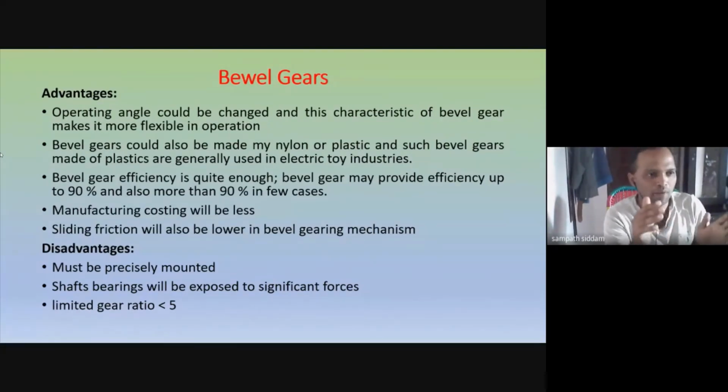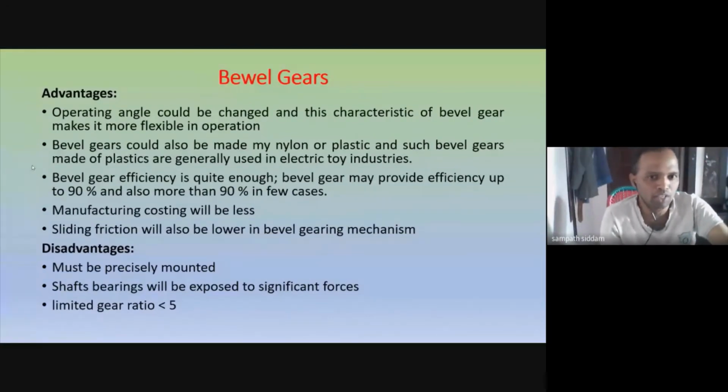Suppose you have more power transmission on the right wheel and less on the left wheel, then you have imbalance and your vehicle will skid and fall. When you take a turn, your outer wheels rotate faster and your inner wheels rotate slower. If your inner wheels rotate faster than your outer wheels, then you have skidding. To avoid that, this adjustment of your power is basically done with the help of your differential. So in that differential we use bevel gears.